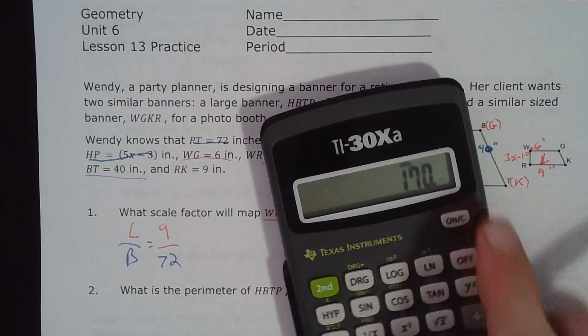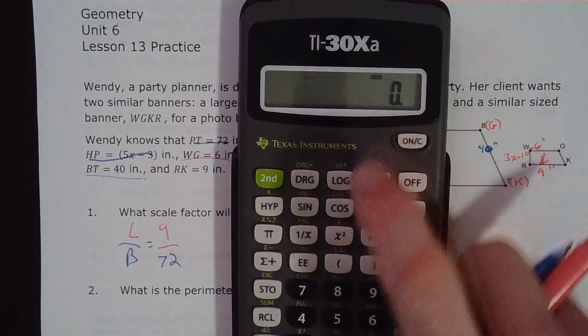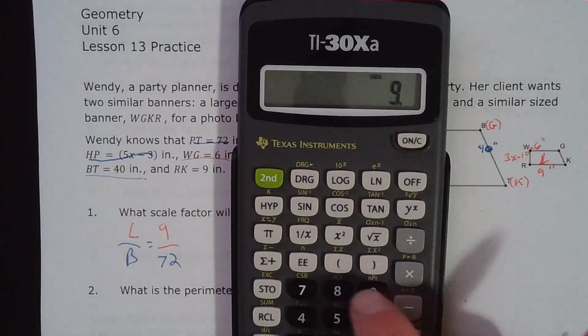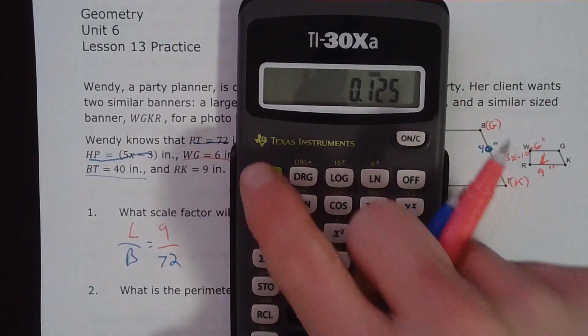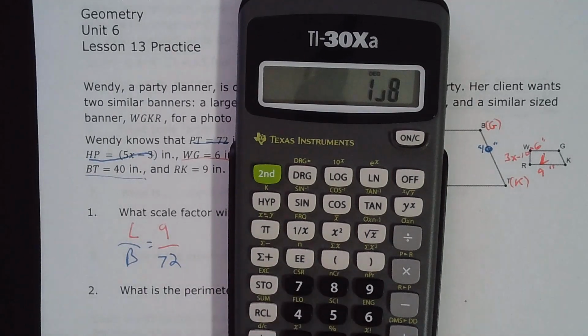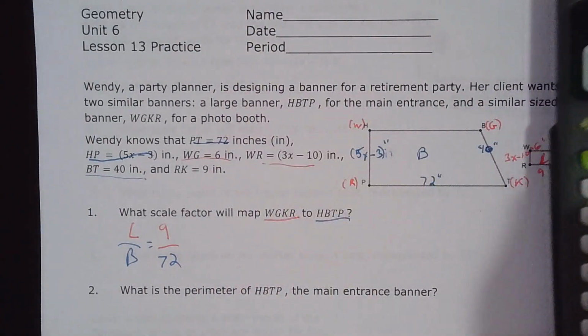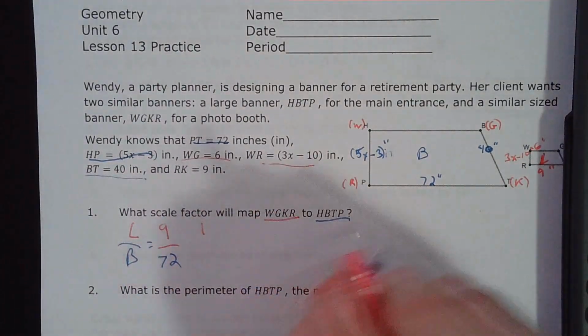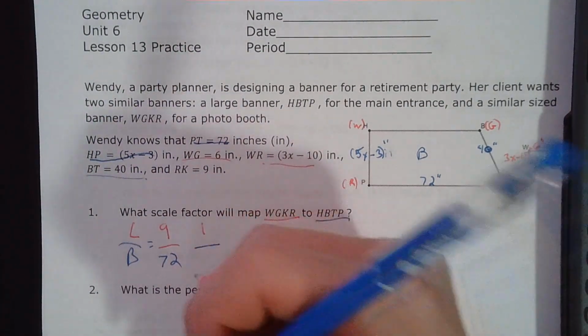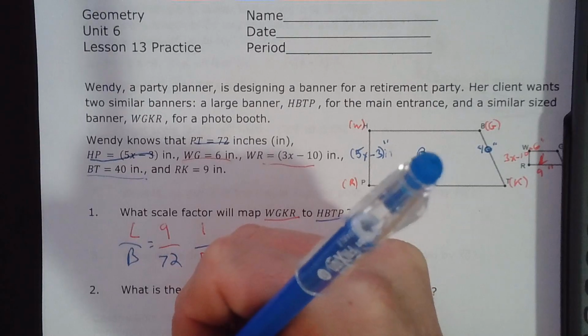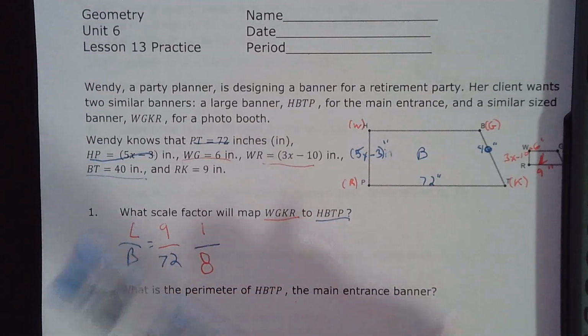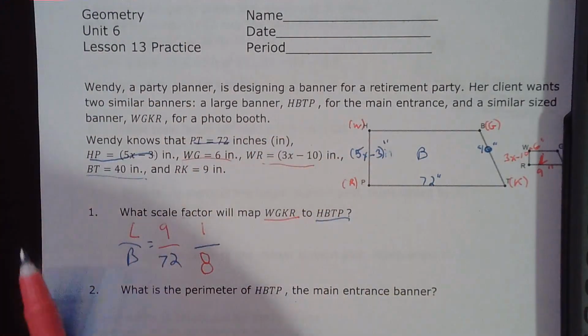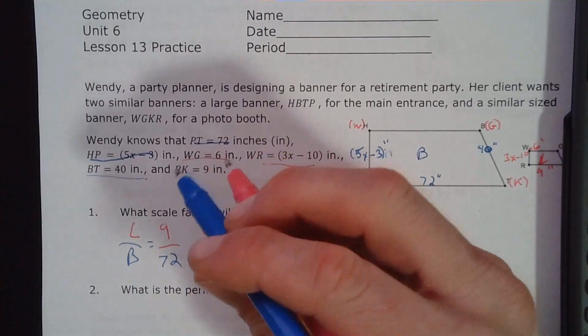9 divided by 72 is that fraction, 1 over 8. It should be blue, that's alright, make it blue. 1 over 8.